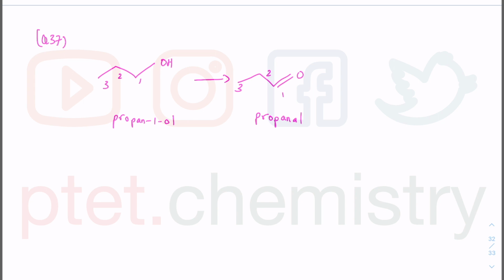Essentially, to stop at the aldehyde, we need to heat and also distill immediately, because aldehydes do not form hydrogen bonds between themselves. But the alcohol has hydrogen bonds between its molecules, so it will have a higher boiling point.